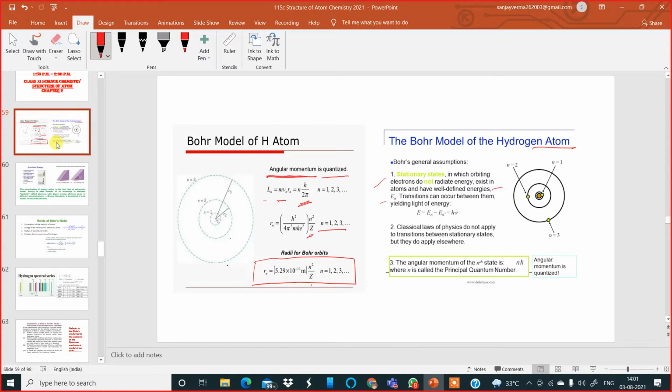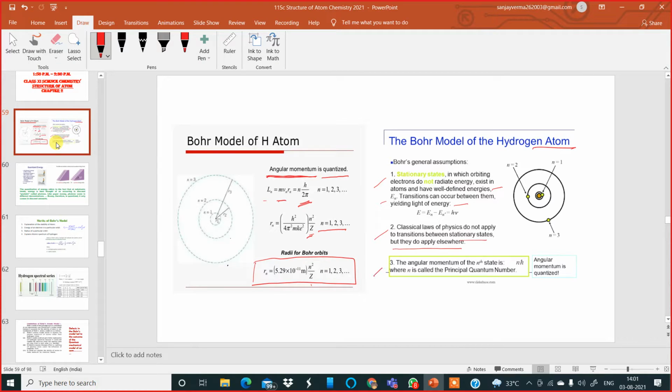Transitions can occur between them, yielding light of energy. Whenever electrons transit from one orbit to the other, there is a possibility of either emission or absorption of energy. Number two, classical laws of physics do not apply to transitions between stationary states, but they do not apply elsewhere also.